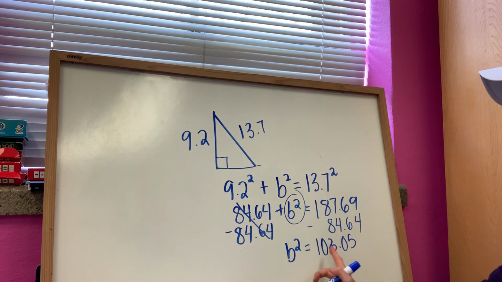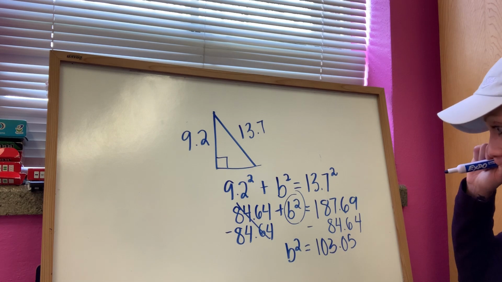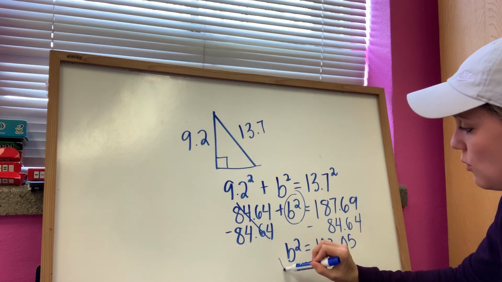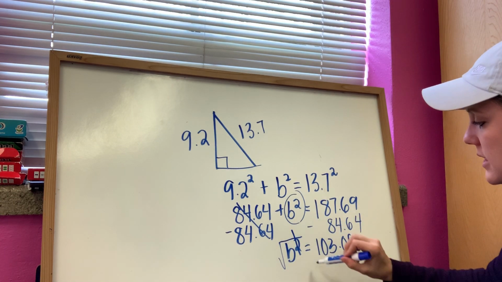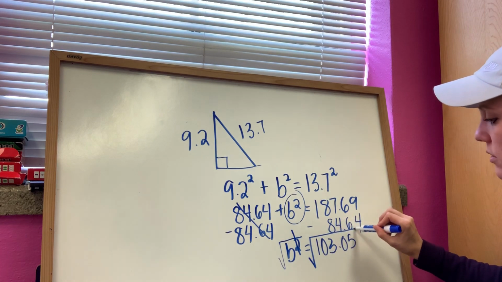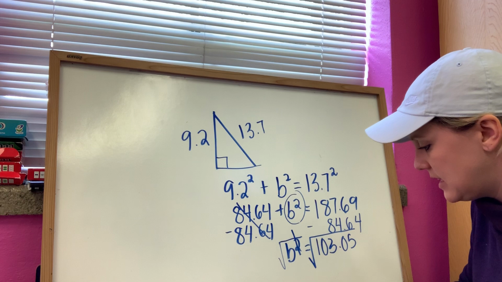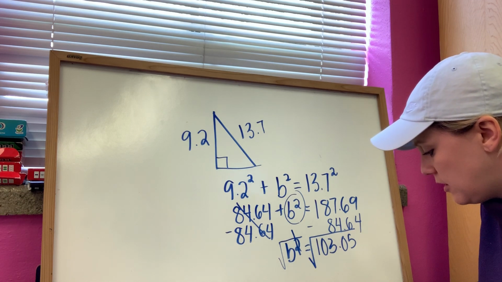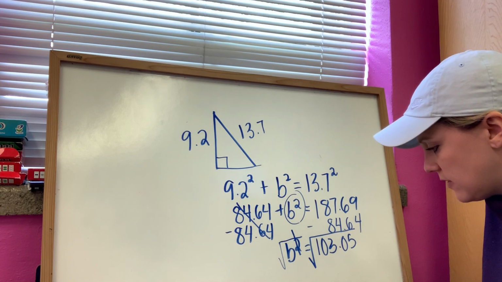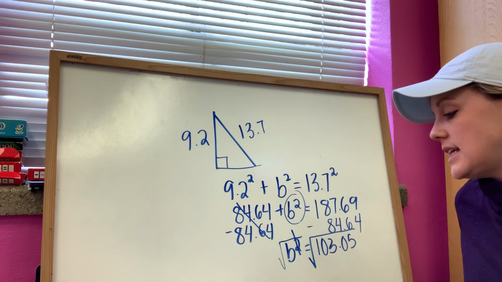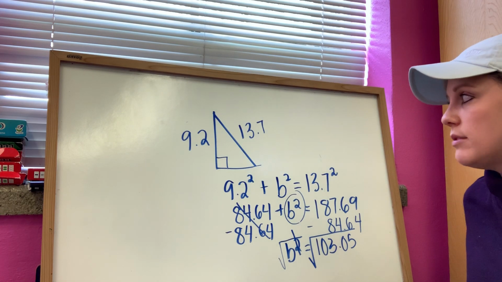Okay, we're almost done. We know b times itself is equal to 103.05, so we're going to do the same thing we did in the other examples, and we're going to square root that to get rid of that squared. Square root, square root. So in your calculator, we want to find that square root button. Second square root 103.05, and I got 10.2 when you round.